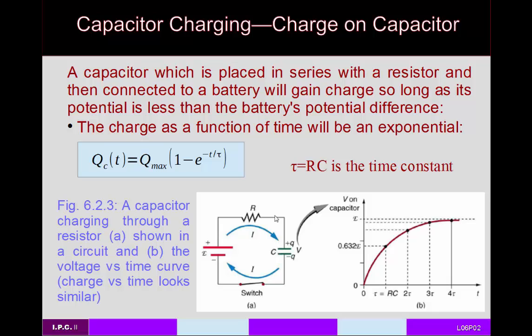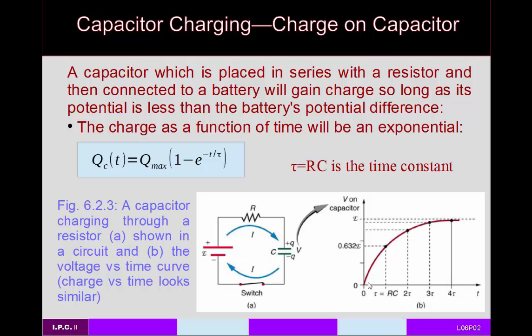So we basically would use C times epsilon to get Q max. And again, we're counting the internal resistance of this battery as part of this resistance R, and therefore adjusting the effective EMF to represent the voltage across the battery.